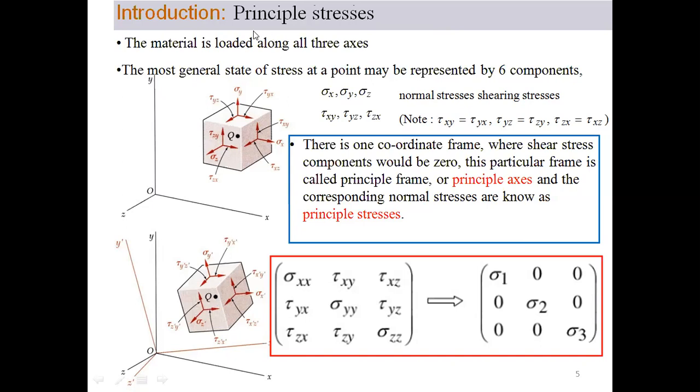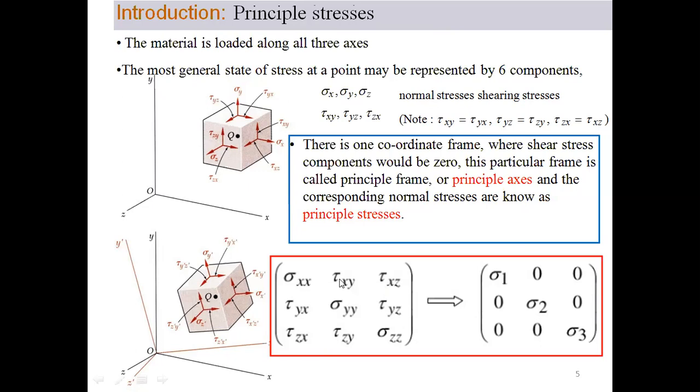But regarding principal stresses or principal planes or principal coordinate frames, in all those infinite coordinate frames, there would be one particular coordinate frame where the shear stress values would disappear.